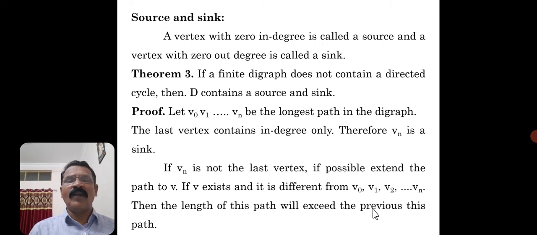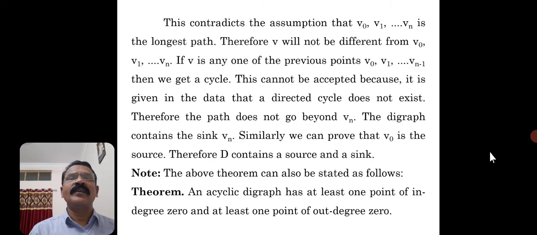Then you will get a contradiction. Already you said it is the longest path, but it has been extended to V. This is a contradiction to the assumption that V0, V1, Vn is the longest path. So V will not be different from V0, V1 or Vn.